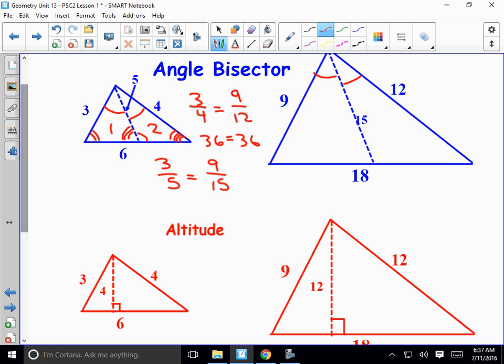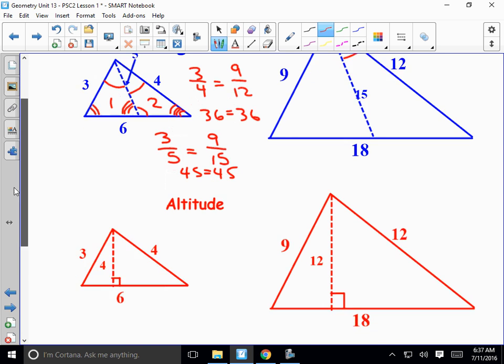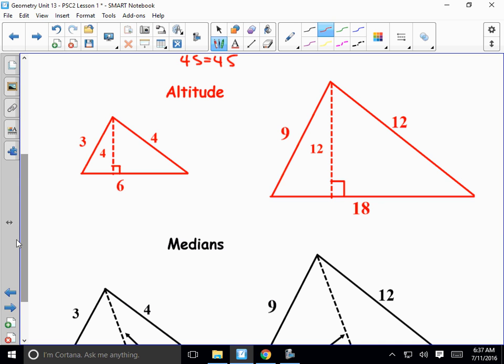And we're checking to see these pieces here. We cross multiply, and we can see that we've got 45 equals 45. So that's true.